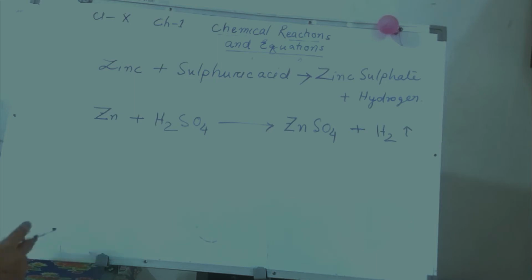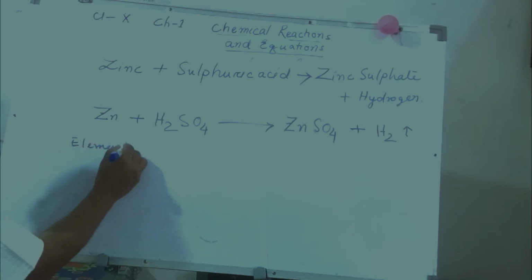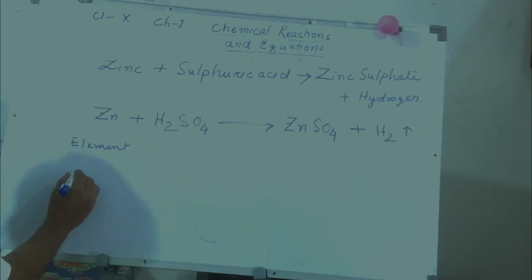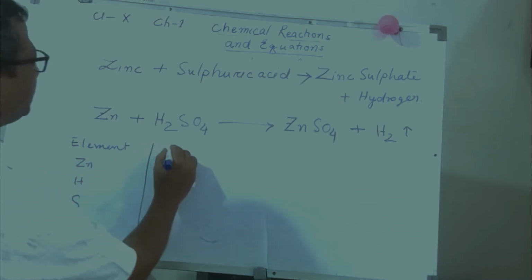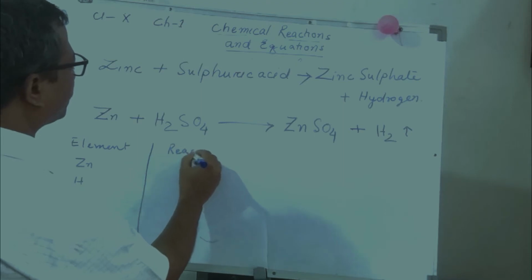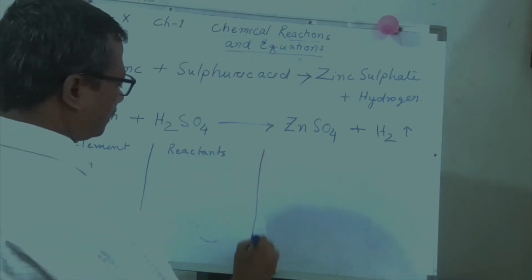Now you examine what elements are there: zinc, hydrogen, sulfur and oxygen. Reactant and product.